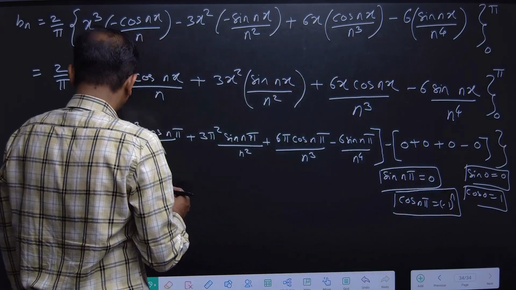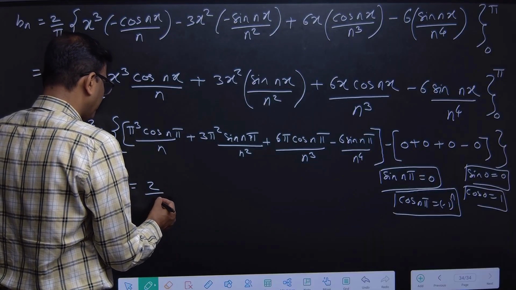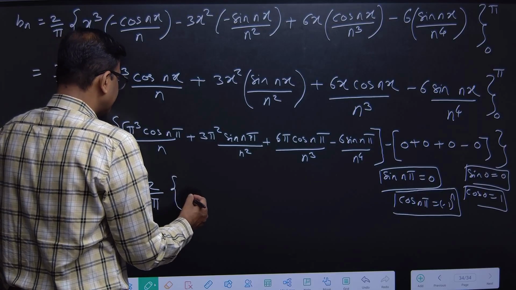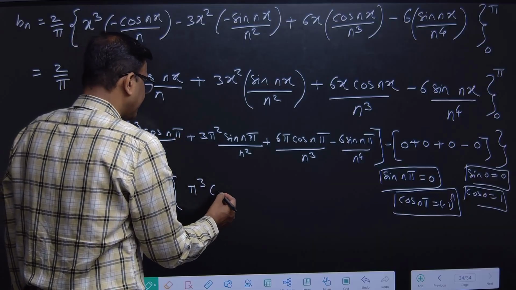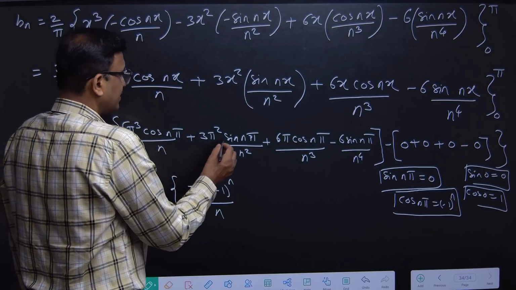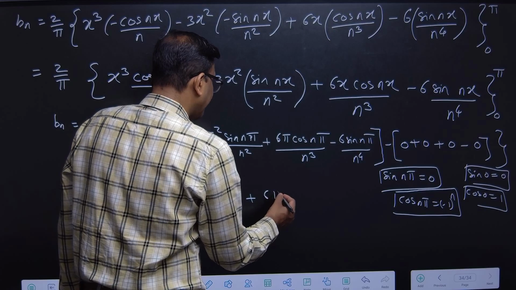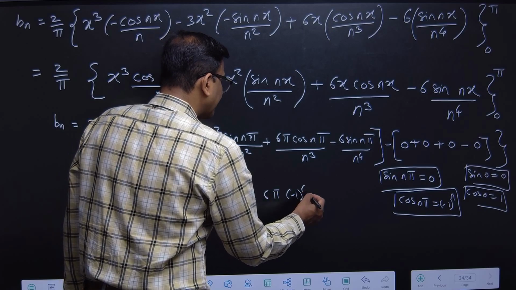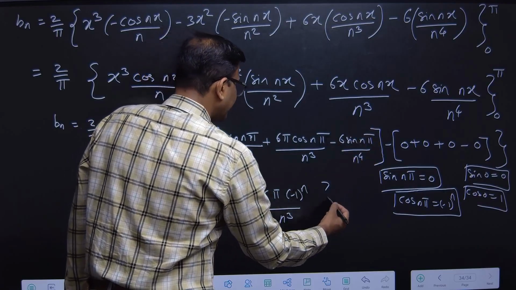So see, substituting these values, we'll get Bn is 2 upon pi into, pi cube into minus 1 raised to n upon n. Sin n pi term is 0. This next term is 6 pi into minus 1 raised to n upon n cube. Remaining terms are going to be 0.